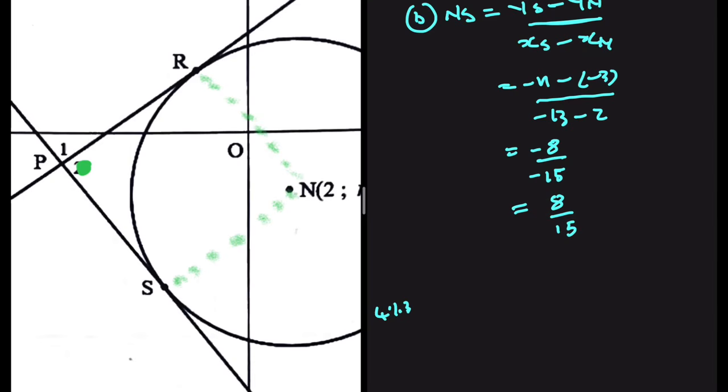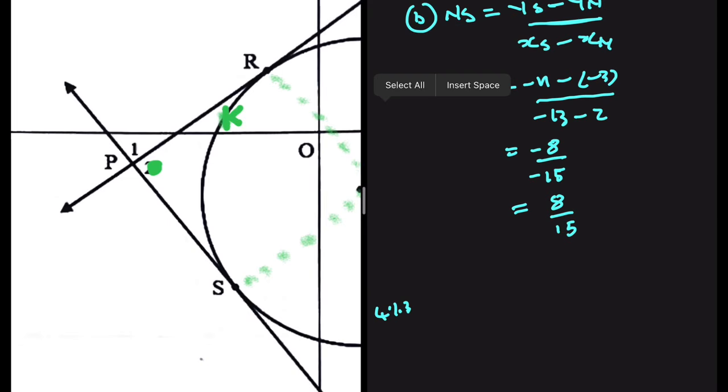If we have the gradient of PR, we can find the inclination. Let's call that inclination K. So we have this angle here. Well, not yet, but we know fully well that it is quite easy to find the size of that angle. And then we have the gradient of line PS. So it will also be easy to find the size of this angle, the inclination.